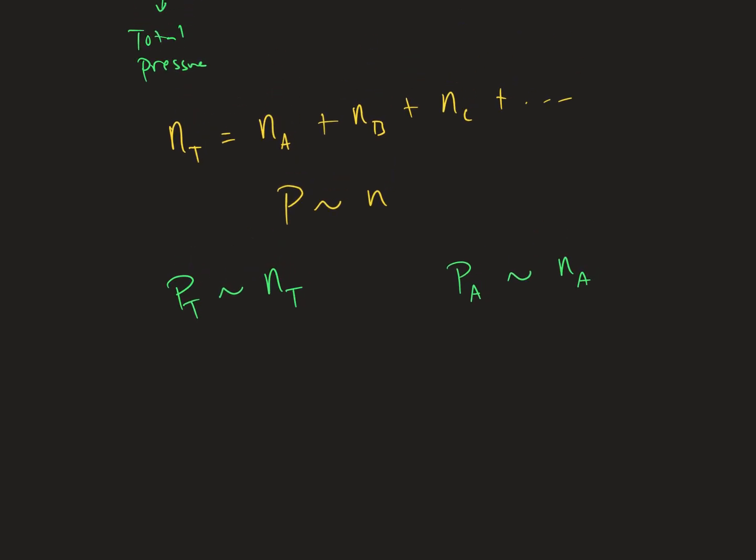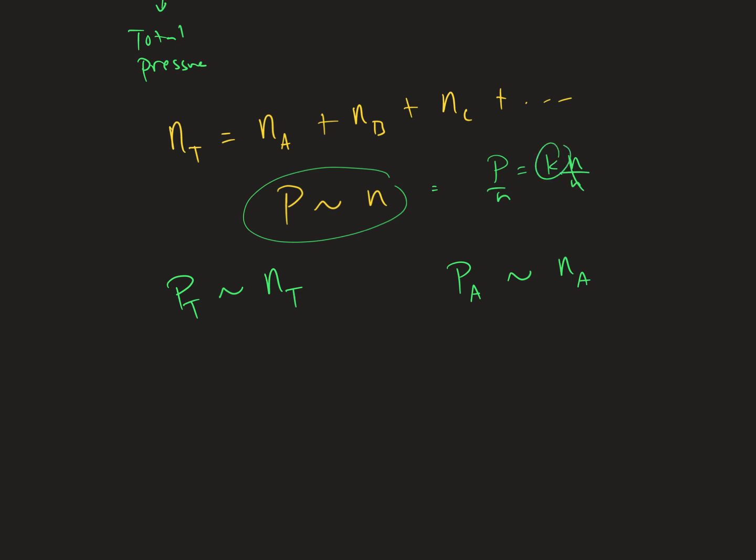Well, let's just go for general. Can we change this to an equation? We got P equals K times N, right? We've done this like 4 times already. Divide N to both sides.